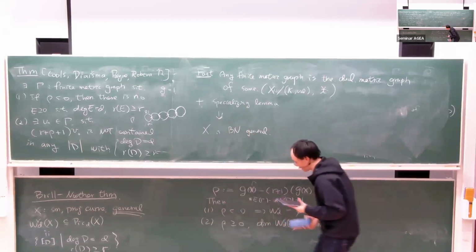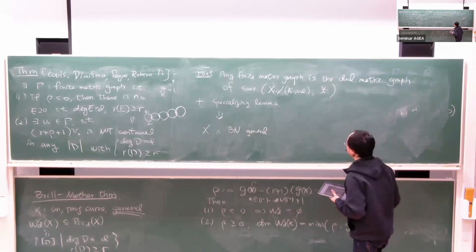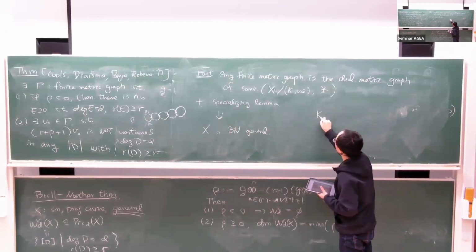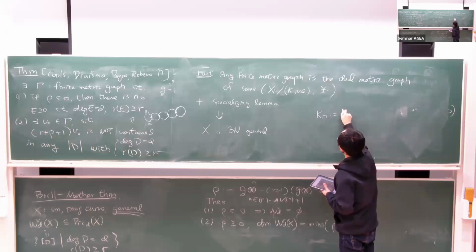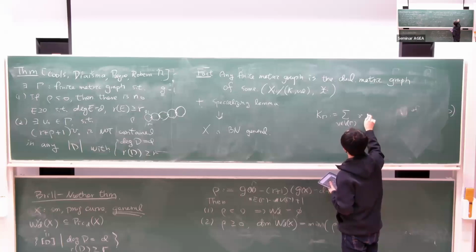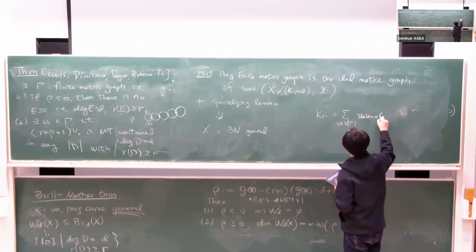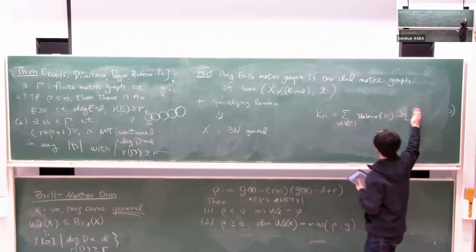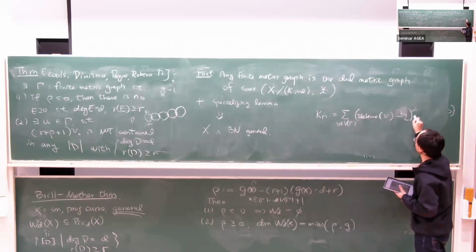So you run through every vertex v of gamma, the valence minus 2, times v.